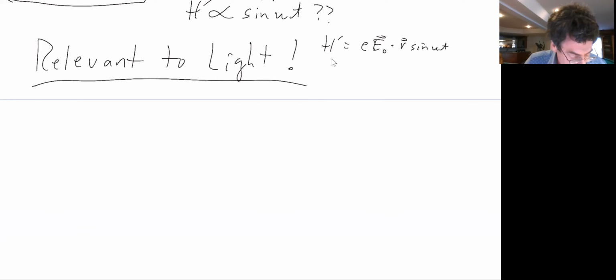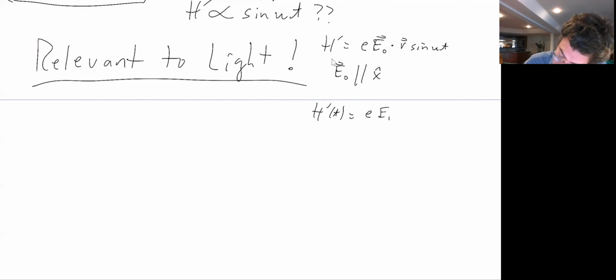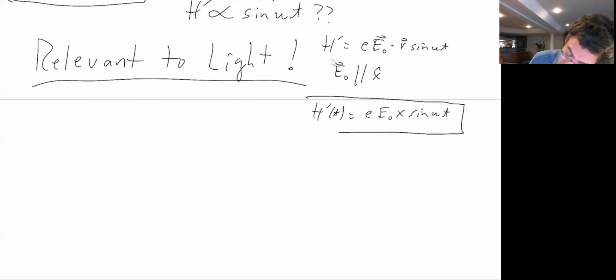And so let's suppose that E naught is parallel to x hat, and so then we have H prime of t is equal to e E naught x sine omega t. Okay, so that's the Hamiltonian, that's the perturbation for light.